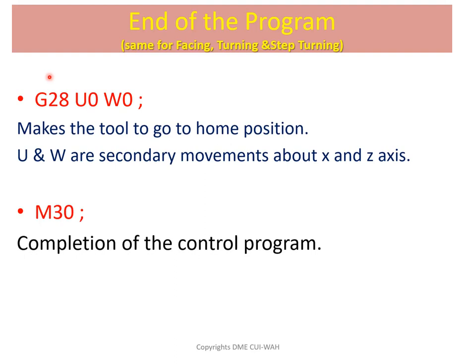Here reference points U, W, these are along the X and Z axis. I have selected both 00, so the tool will now return to X0 and Z0. At the end there is M30. M30 is used for the completion of the control program. It is always used at the end of the program. Now here our program is complete at M30.